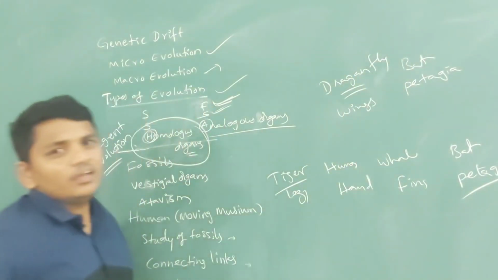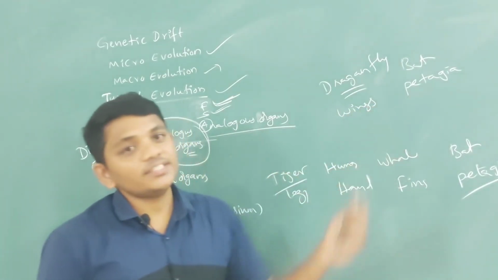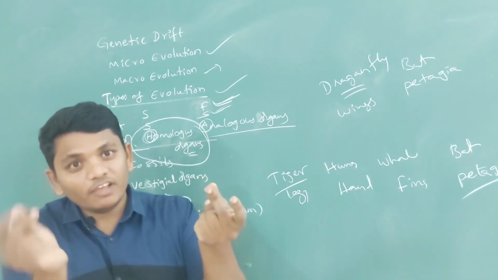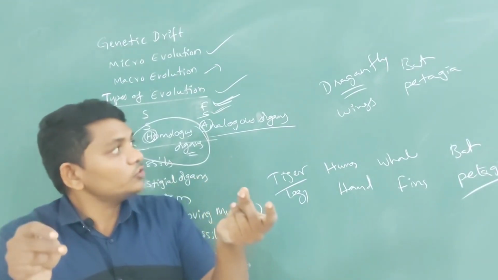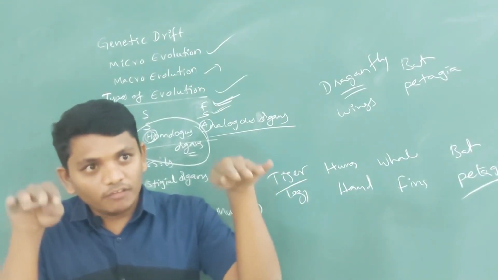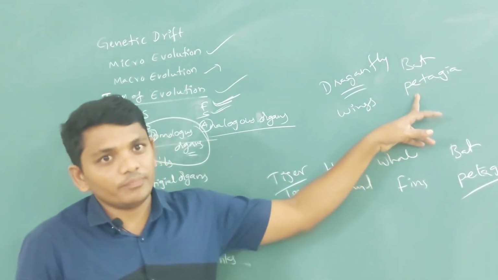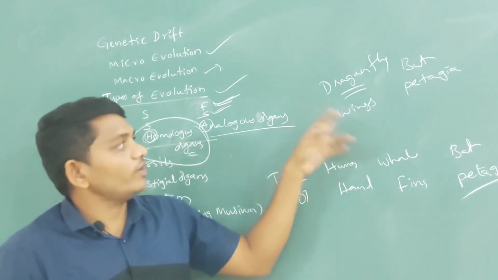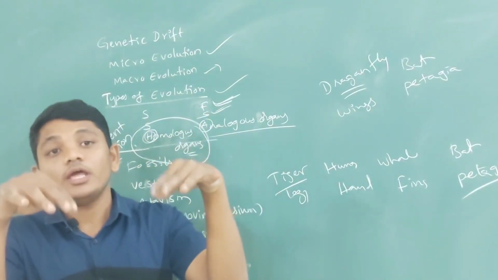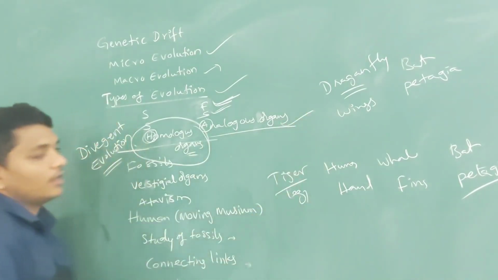Dragonfly wings are very thin in nature. Bat patagia is thick in nature. The structure is different, but the function is same. They are used to fly with the help of patagia and wings. So when compared with the bat patagia and dragonfly wings, the structure is different but the function is same. This type of organs are called analogous organs.